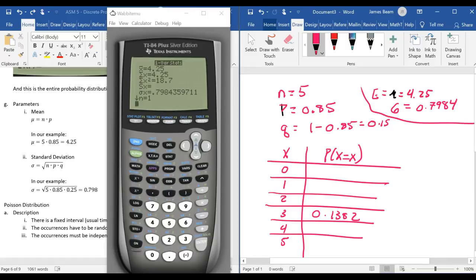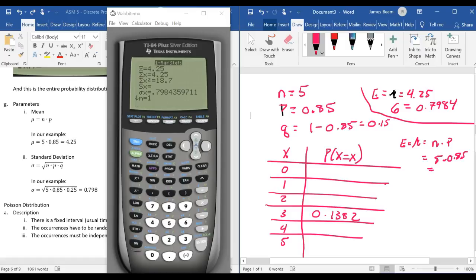So you can get those straight off. When you're working in the binomial distribution, the expected value, or the mean of the distribution, is literally just n times p. 5 times 0.85.